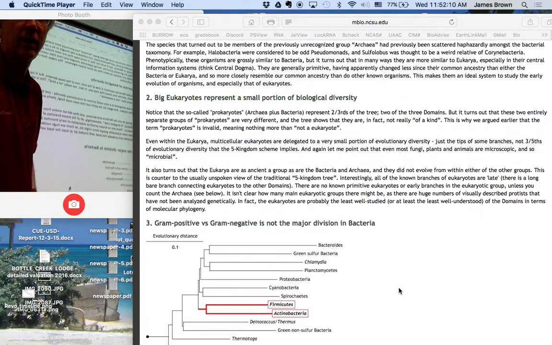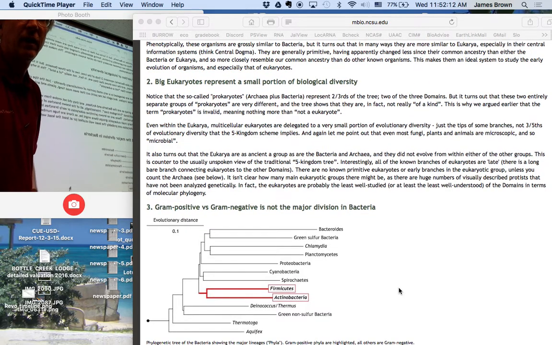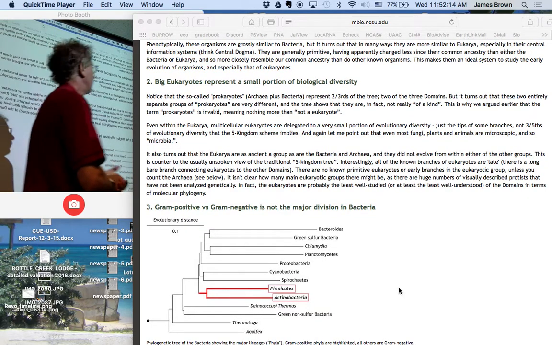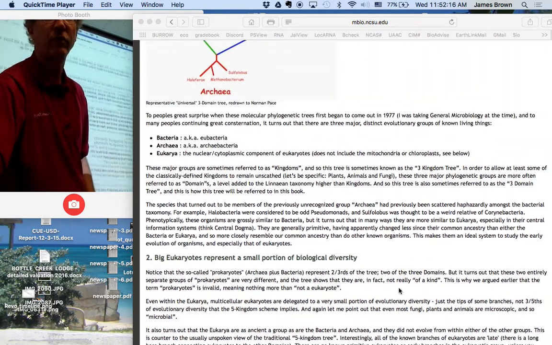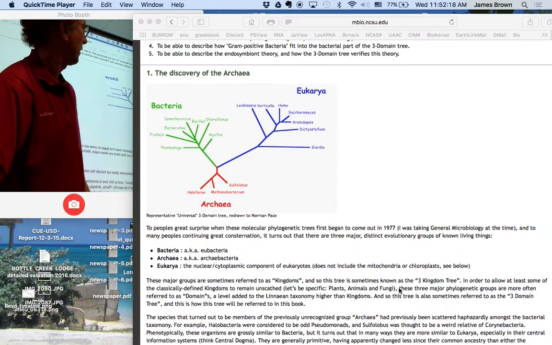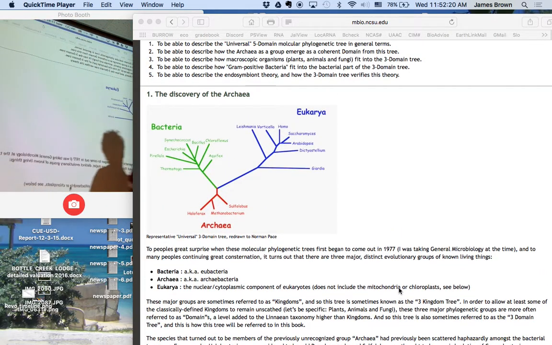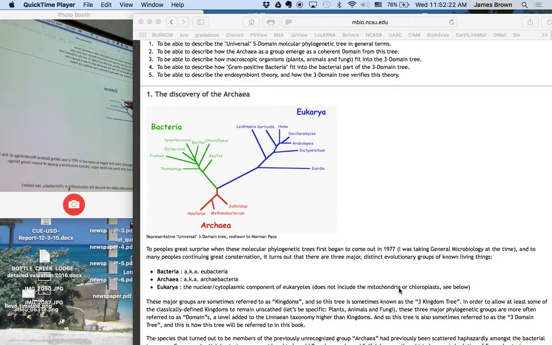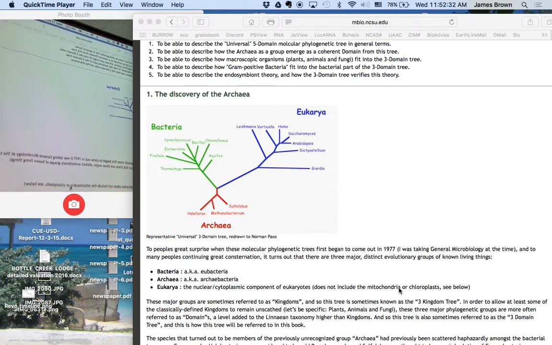Another big outcome of this is that big eukaryotes are really a tiny part of biological diversity. So here, looking back at this tree, here's Homo representing animals, Saccharomyces representing fungi, and Arabidopsis representing plants. The tips of these three branches are all of the macroscopic world that we normally think about.